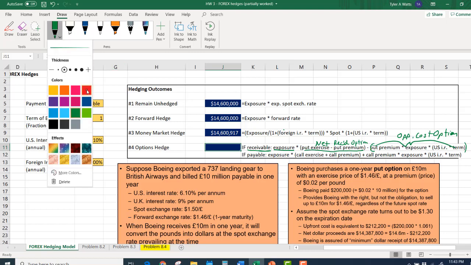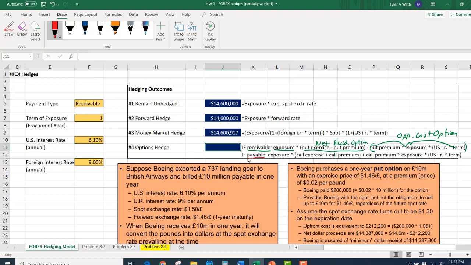It just looks complicated. Now, what about if we're dealing with a payable? Well, the way of hedging a payable with options is going to be buying call options. And that enables us to purchase the foreign currency we need to pay our bill at a guaranteed price. And then if the market price, the spot price, is below that guaranteed price, well, we'll just let that call option expire.